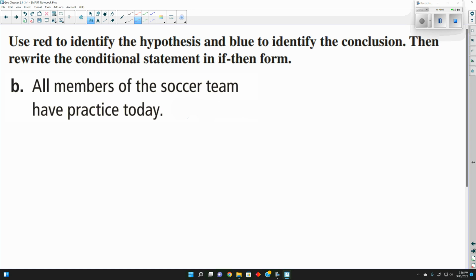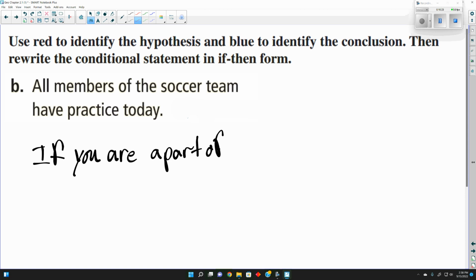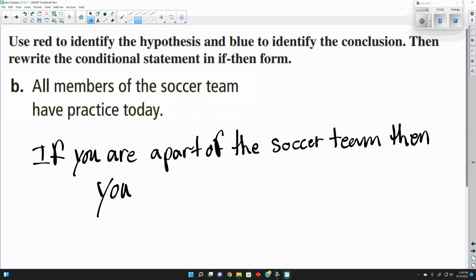All members of the soccer team have practice today. So how can we rewrite this in if-then form? If you are a part of the soccer team, then you have practice today.